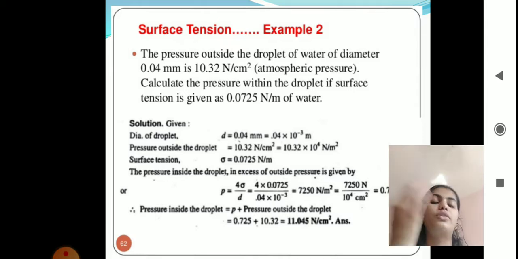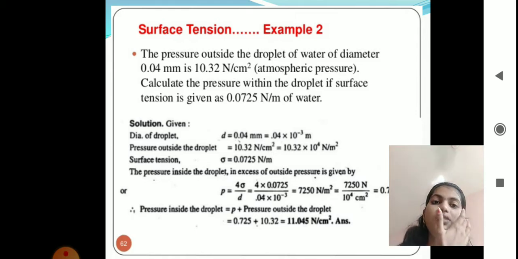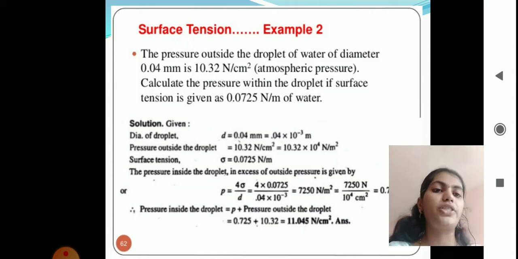It means that the outside pressure is given and we have to calculate the inside pressure of the droplet, and the surface tension is also given. Which things are given in this problem? The diameter is given, the outside pressure is given, and the surface tension is given, and we have to find out the interior pressure of the droplet.